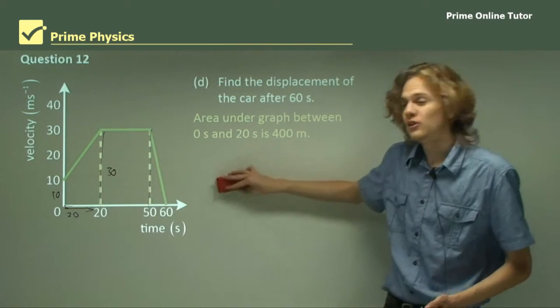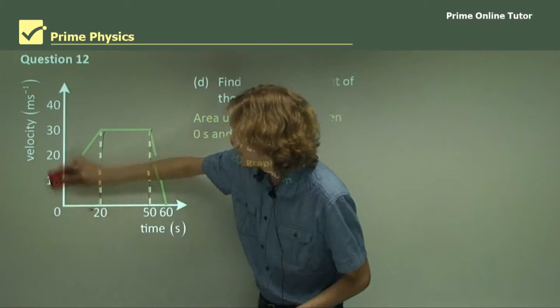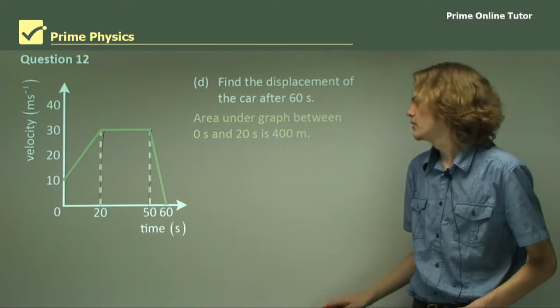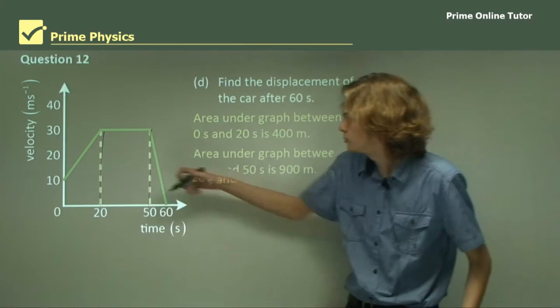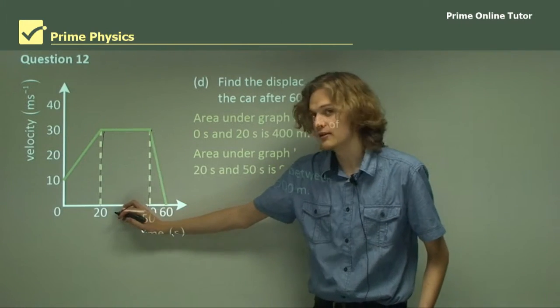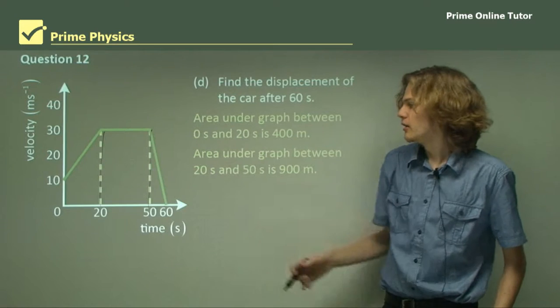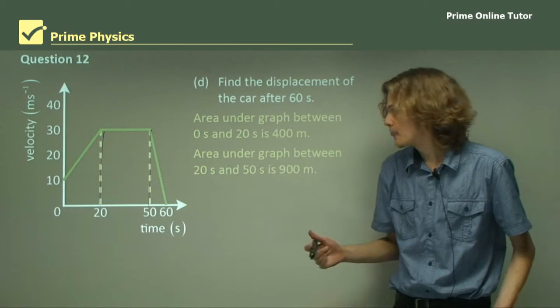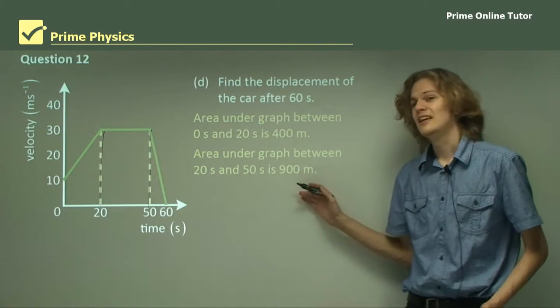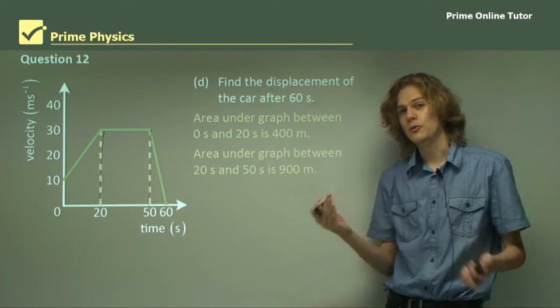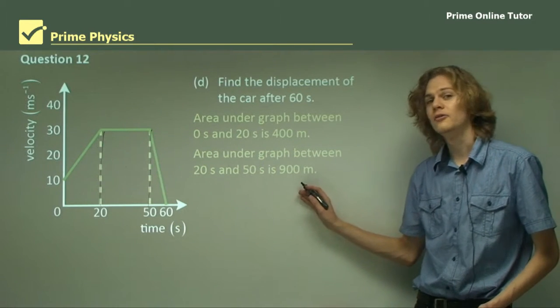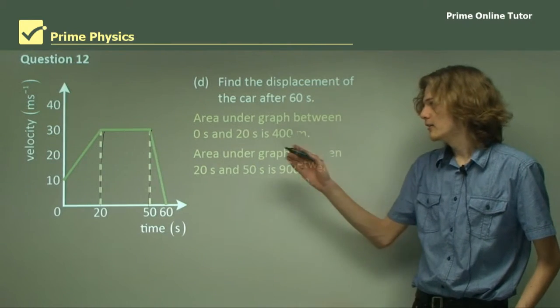The next part of the graph is a little bit easier. It's just a rectangle. Now to find the area of the rectangle, all we have to do is multiply this width, which is 30 seconds, by this height, which is 30 meters per second. And of course, 30 times 30 is 900. The second cancels out with the per second, and we end up with just 900 meters. Finally, we have this triangle.